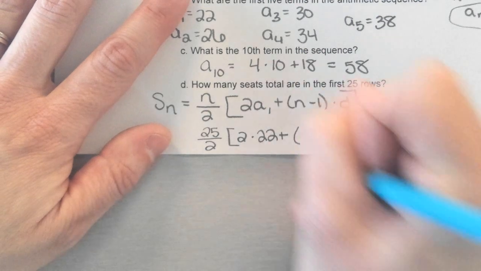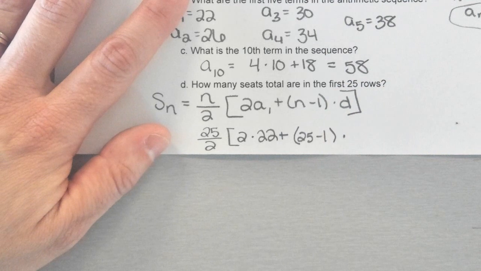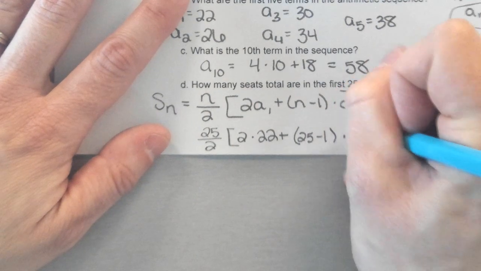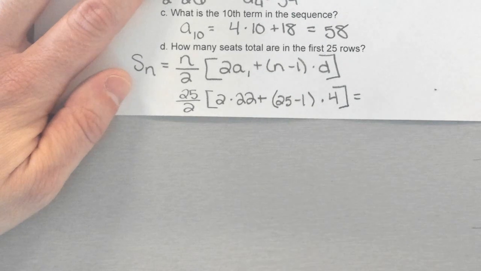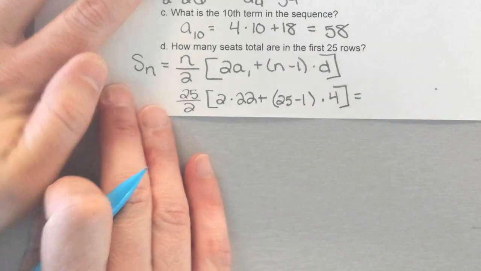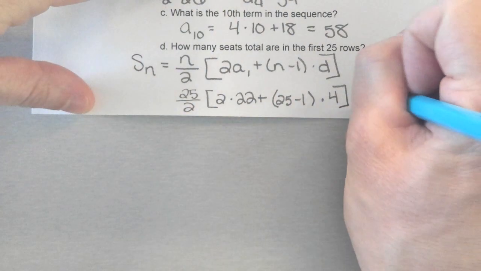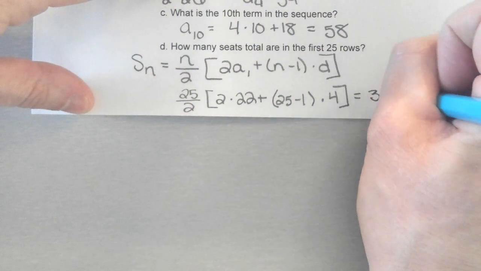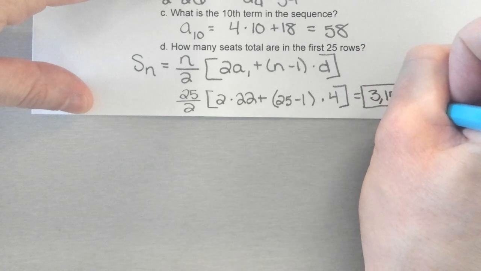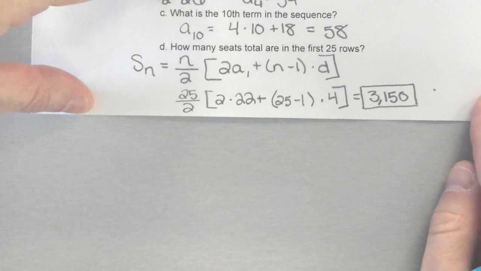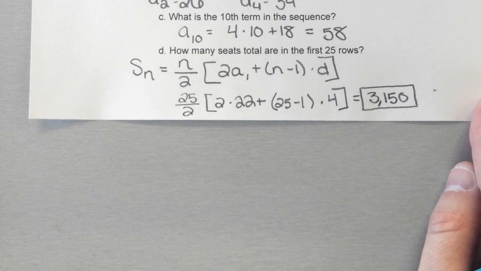What will that be? 25 minus 1, times the constant difference. What are we increasing by? Positive 4. So make sure that you type it into your calculator correctly. When you do, I got 3,150 seats, which is obviously not enough because so many people want to go, right? Not enough is the answer, but the specific answer is 3,150.